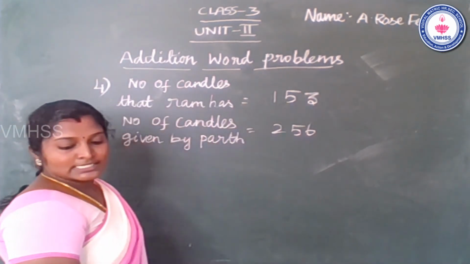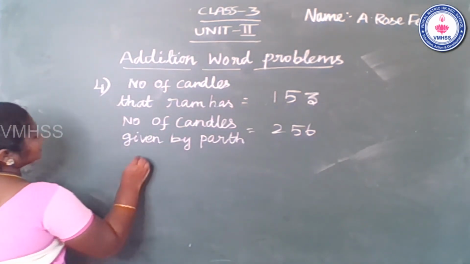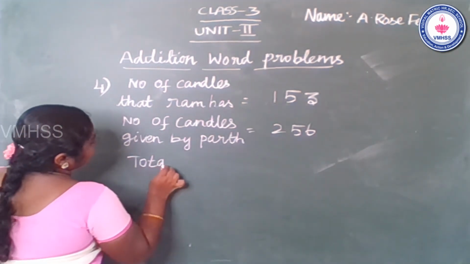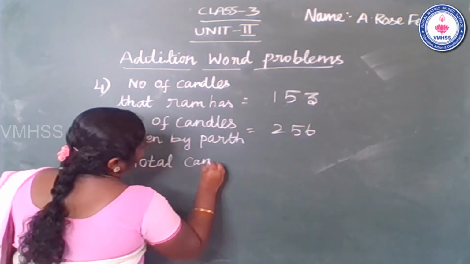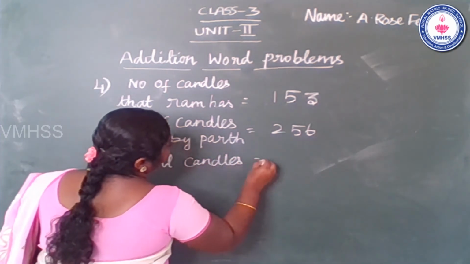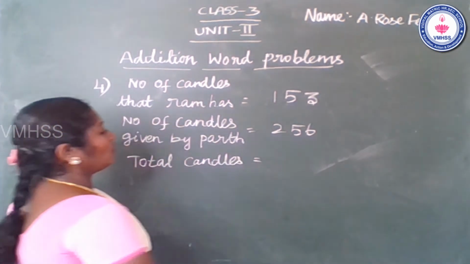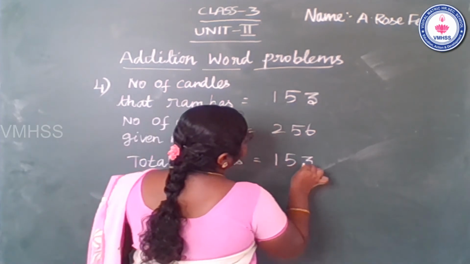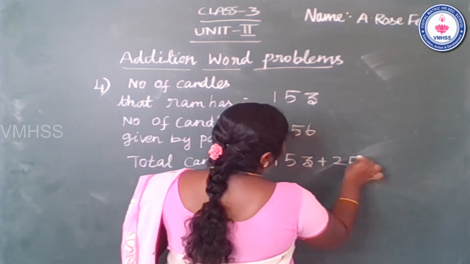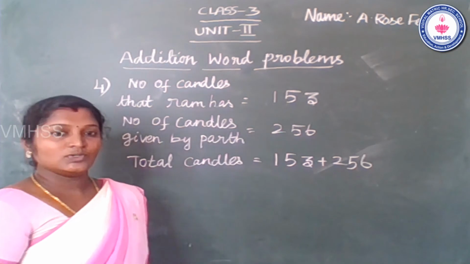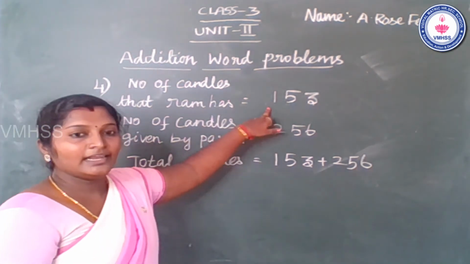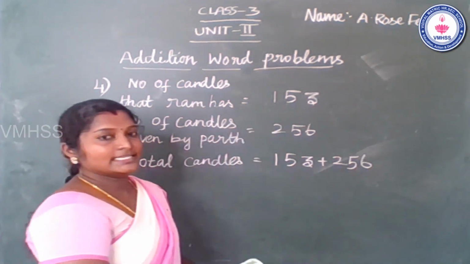So addition. So total candles: 153 plus 256.